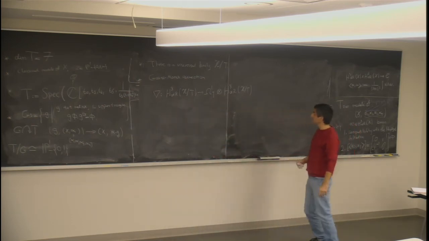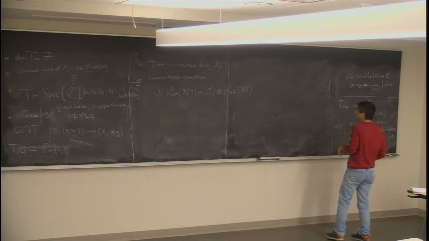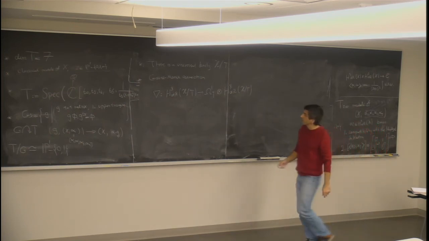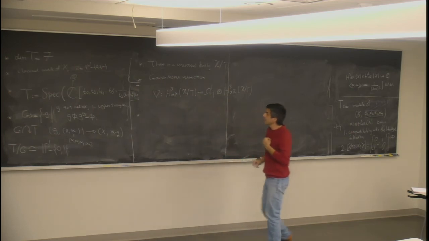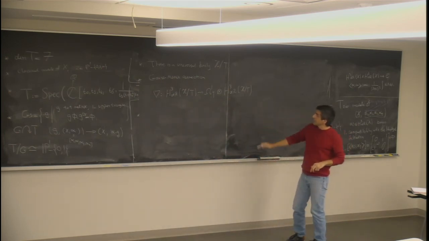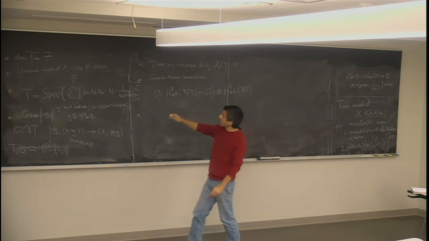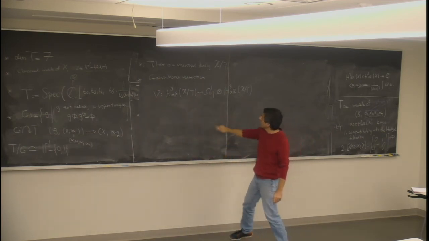Then something that you prove: there is a unique vector field, so the derivation now will have the name vector field.